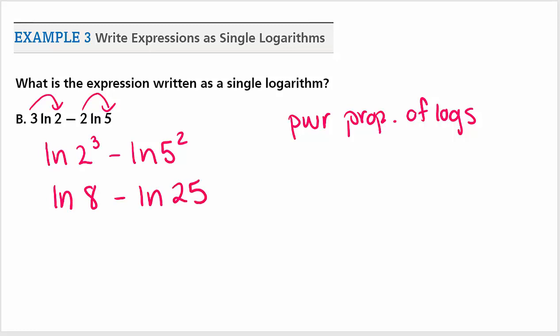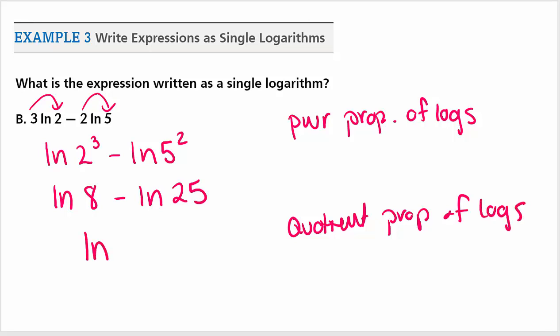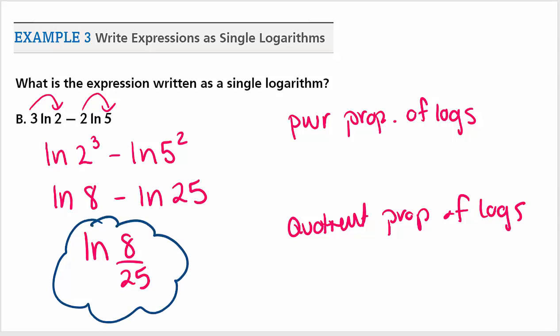Then we have a subtraction, so we will use the quotient property. So it reduces to one single logarithm of 8 over 25. And that's our final answer.